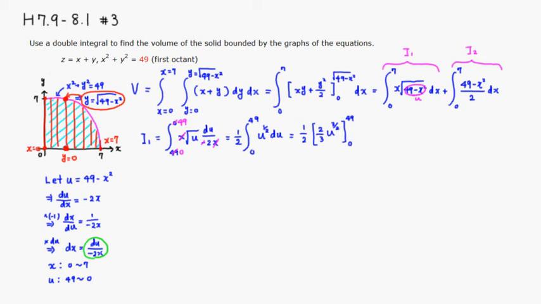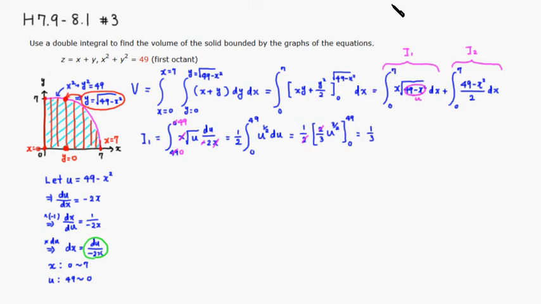All right. Then 2 on top and 2 on the bottom cancel out. And if you plug in 49, so it's a 1/3. The 1/2 power is the square root. The square root of 49 is 7, and a 7 cubed.